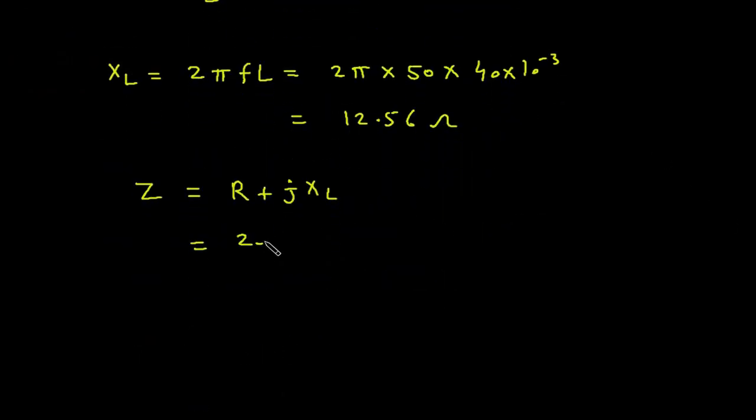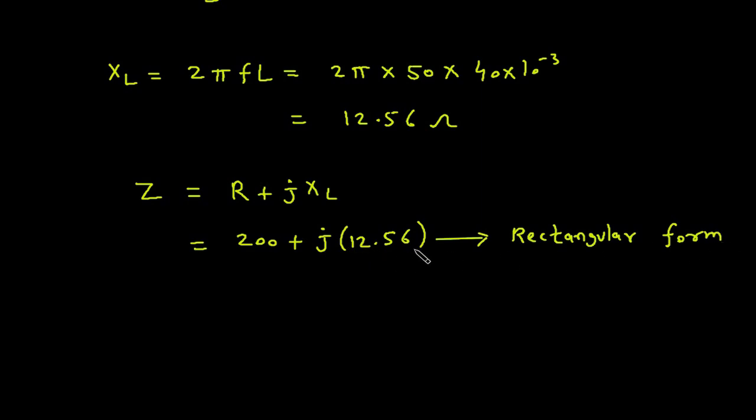So this will be 200 plus j, the value of XL is 12.56. Now here it is given in rectangular form. We have to convert this into polar form.